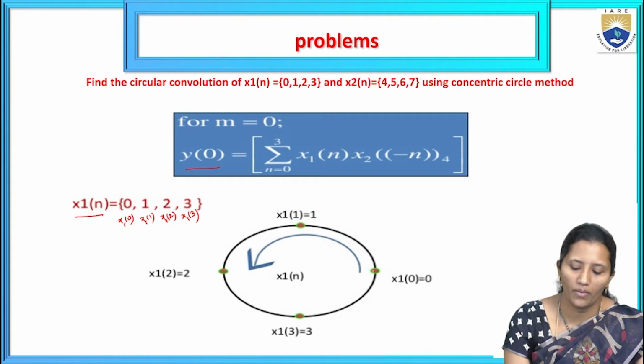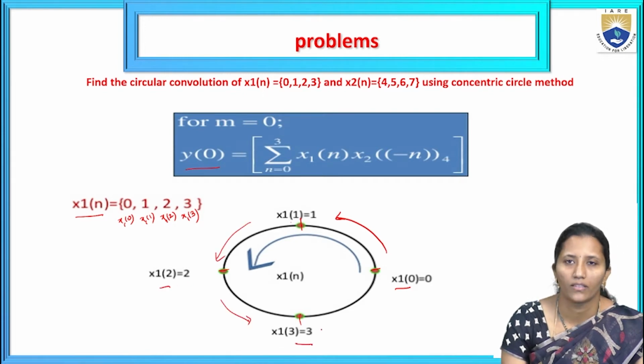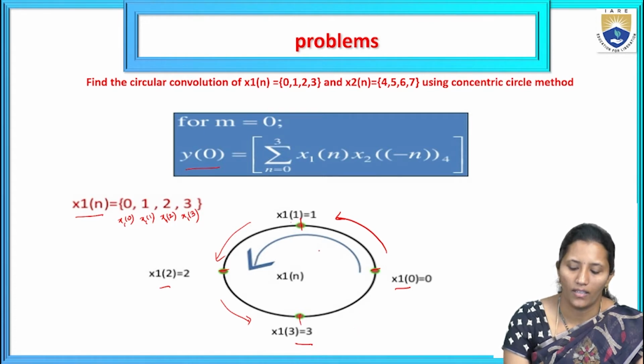Here we have 4 samples, so we make 4 equidistant points on the circle. We write the sample values in the anti-clockwise direction: x1 of 0, x1 of 1, x1 of 2, and x1 of 3. So we plot the x1 of n samples on the circle in the anti-clockwise direction.